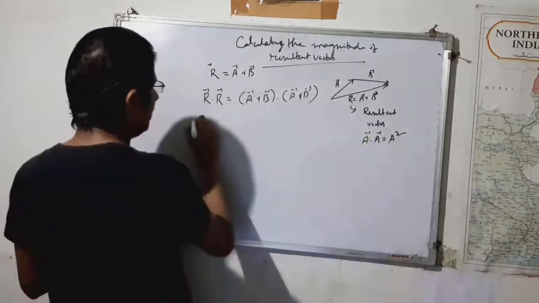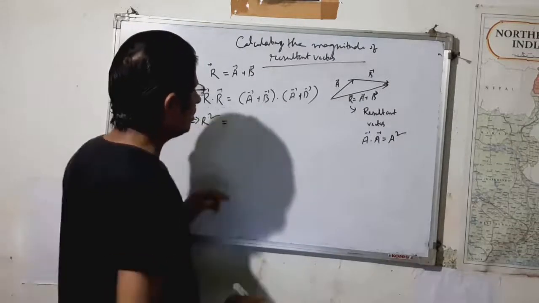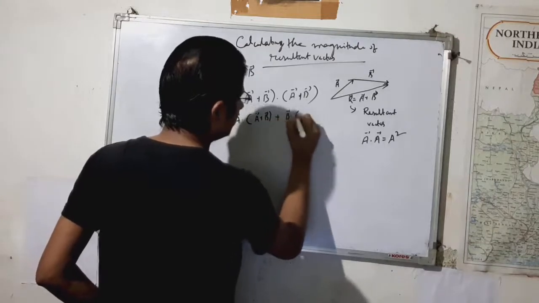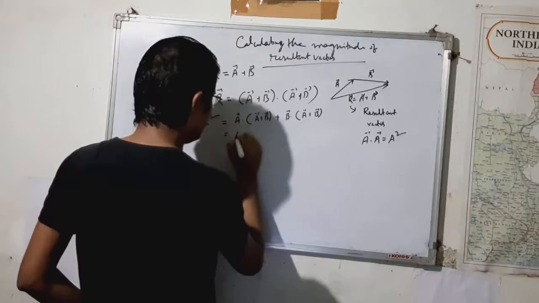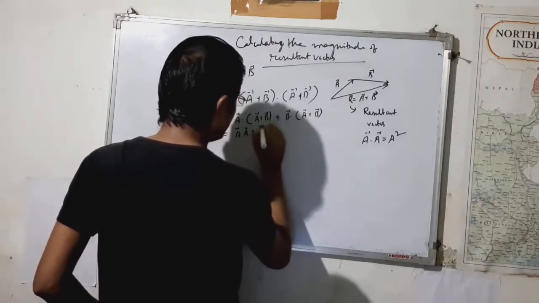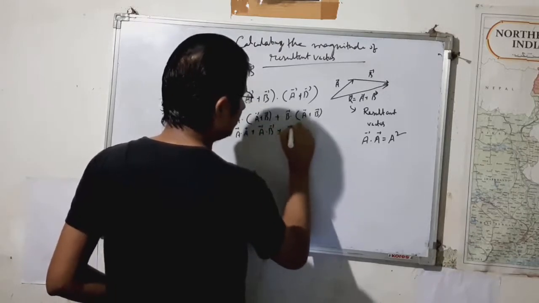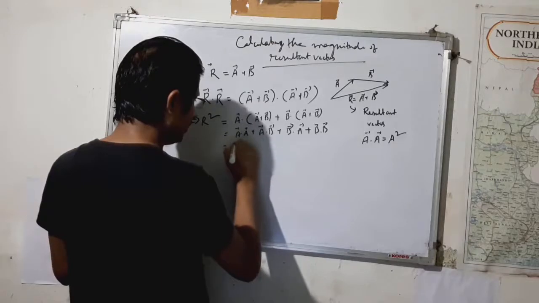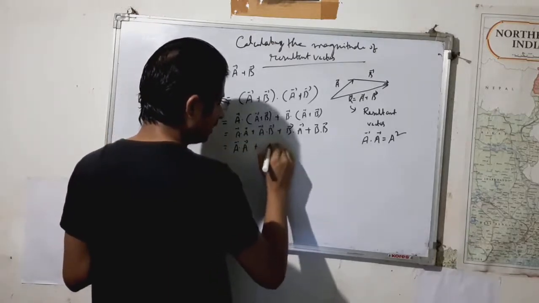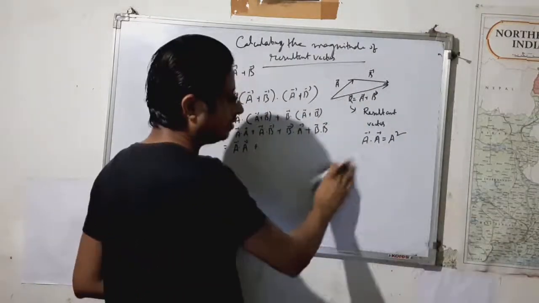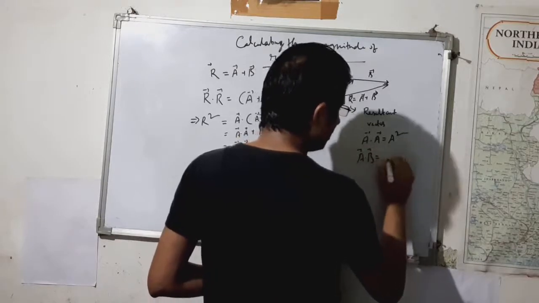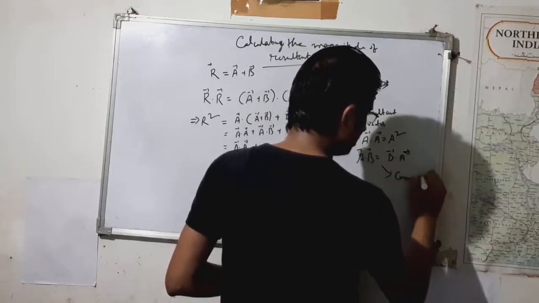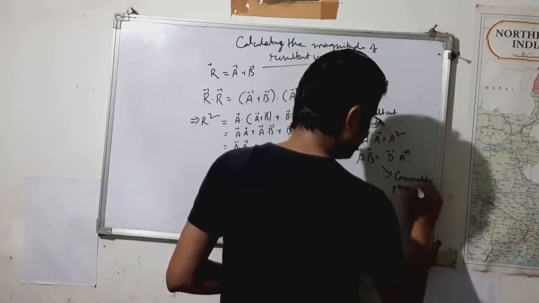Since we know that A dot A is A square, similarly R dot R equal to R square, equal to A dot A plus B plus B dot A plus B, or A dot A plus A dot B plus B dot A plus B dot B. Since we know that all vector dot products are commutative, that means A dot B equal to B dot A. This is known as the commutative property.